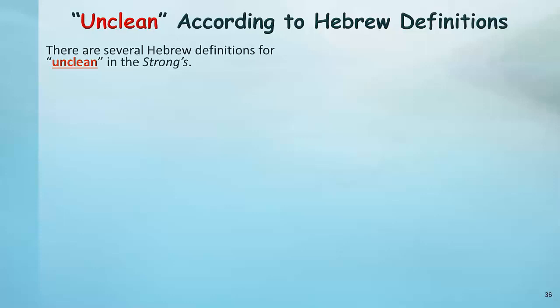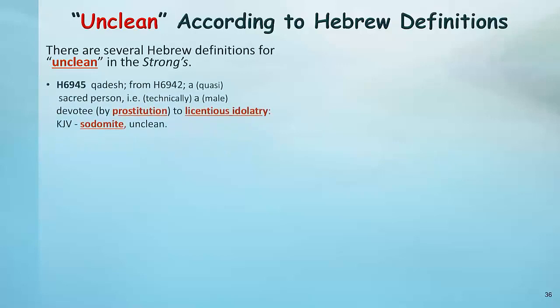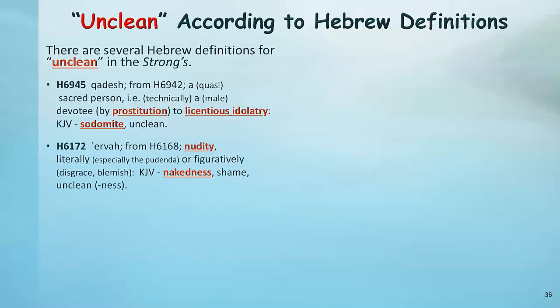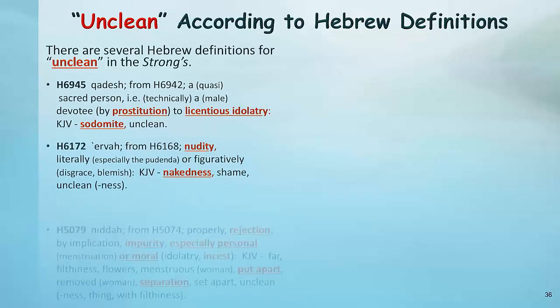Okay. We want to look at some definitions about unclean according to Hebrew. There's going to be 2 sets here. The first set for unclean is 6945, Kadesh.